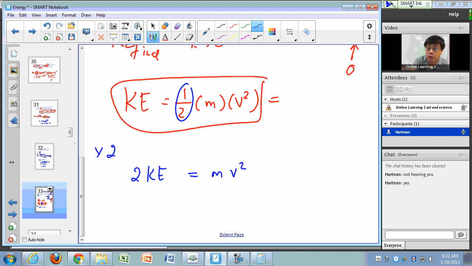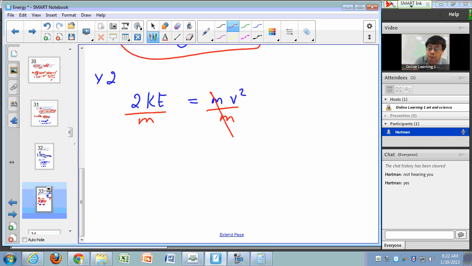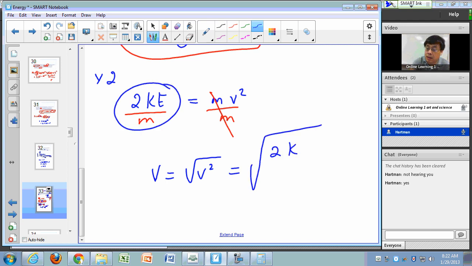I'm solving for speed, v, so I'm going to divide both sides by m. M cancels out. And so how do I solve for the speed, v? V is just going to be the square root of v squared, right? So it's just going to be the square root of 2 times the kinetic energy divided by the mass.